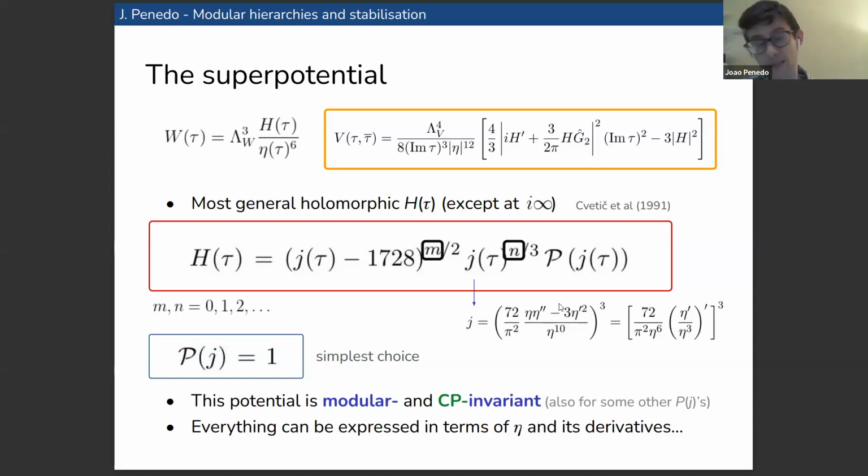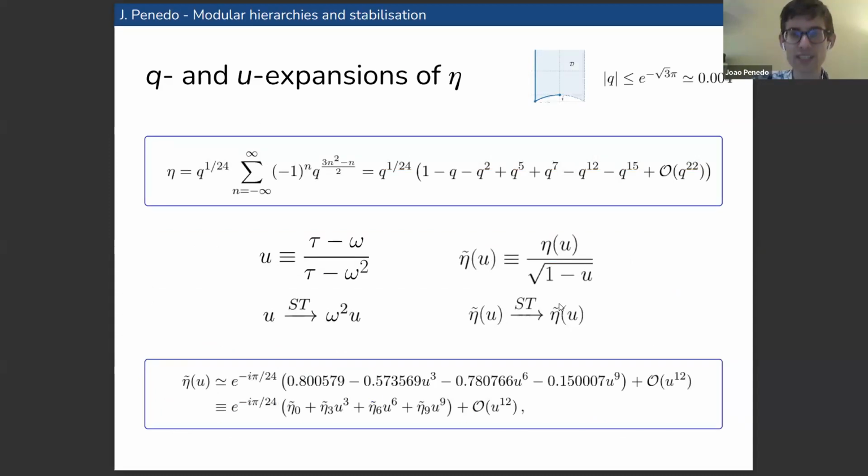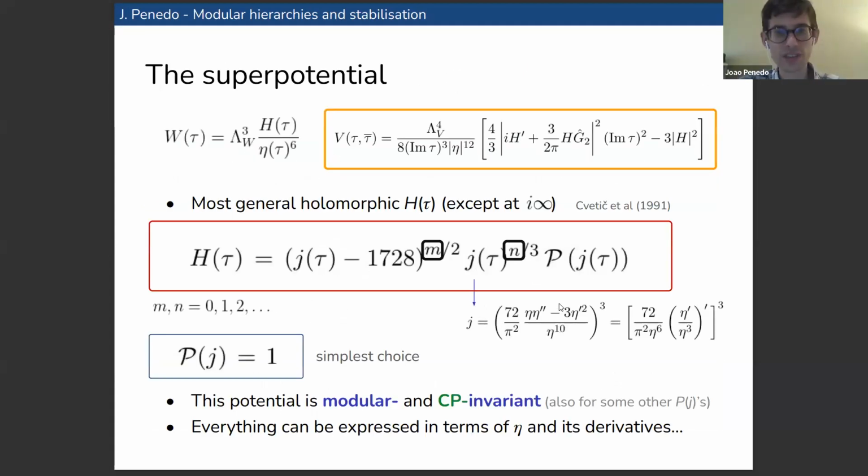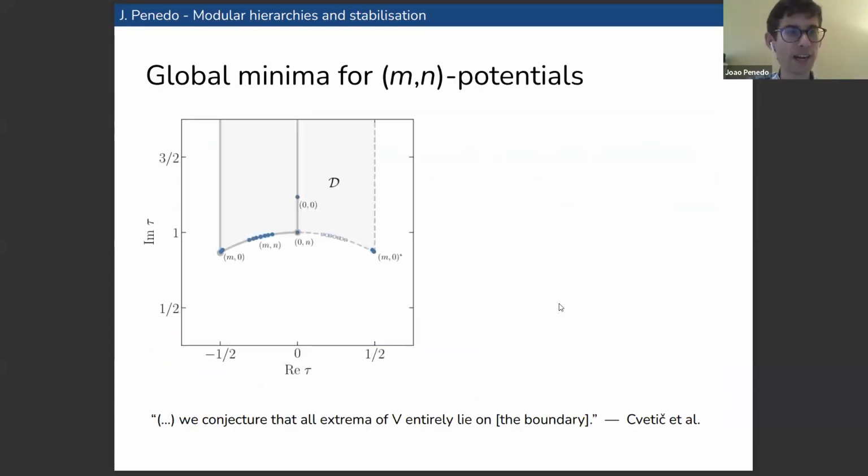You can put it into the program of your choice because you can write it in terms of the Dedekind eta function, which is well known. In fact, let me just tell you that the eta function has a very well-known cusp. So in terms of this U parameter, it's a very well-controlled expansion. We basically expand this potential here for different values of M and N, and we find the global minima.